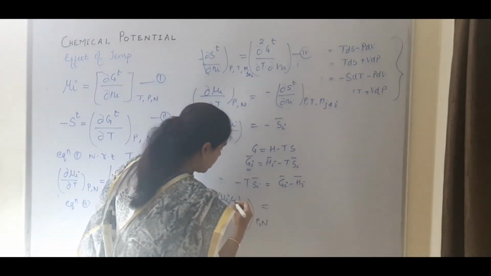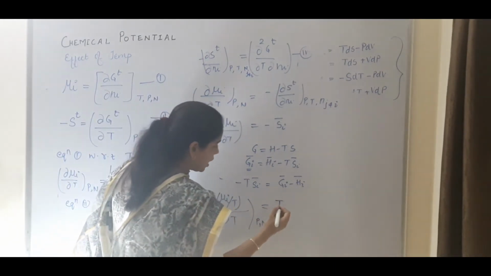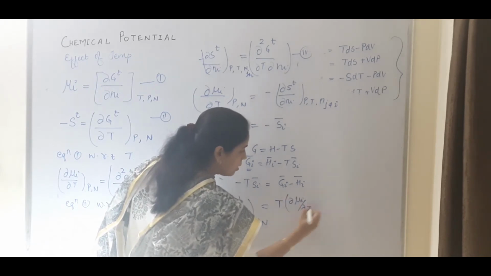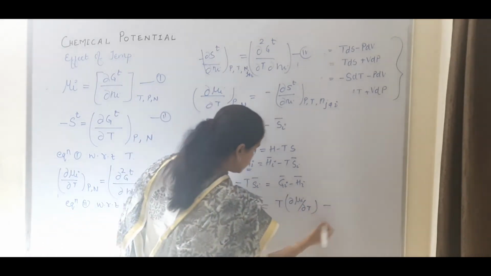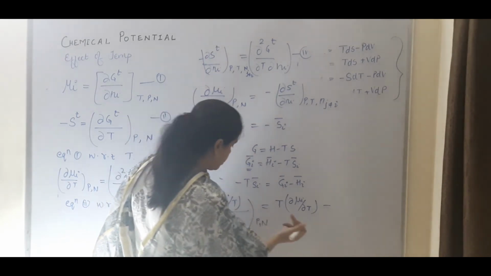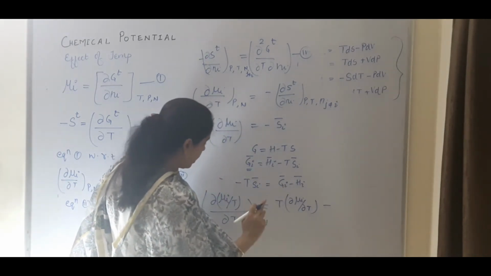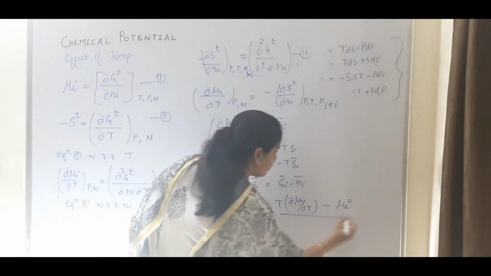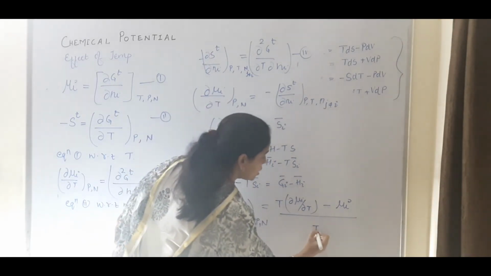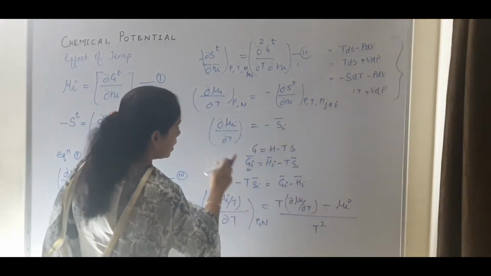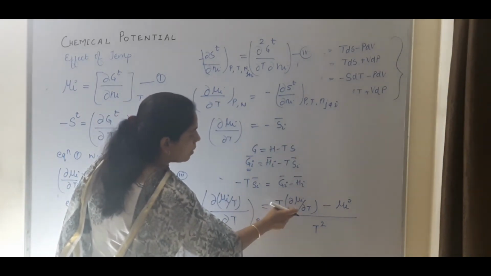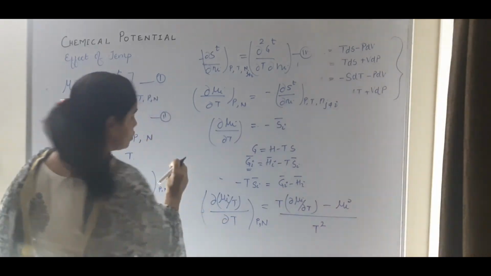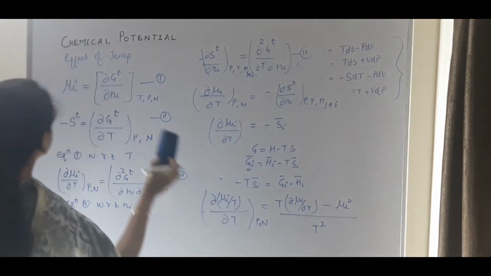So first, T is constant and ∂μ_i differentiated with respect to T, ∂T, minus then T, the differentiation of T is 1 and μ_i is constant, and here it is T square. Now ∂μ_i by ∂T is equal to minus S_i bar, so you can replace this.